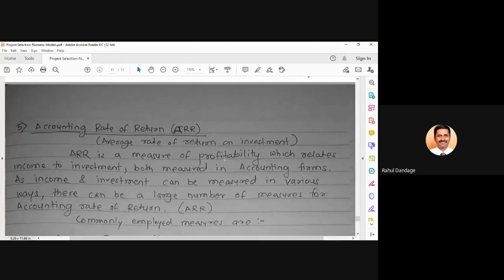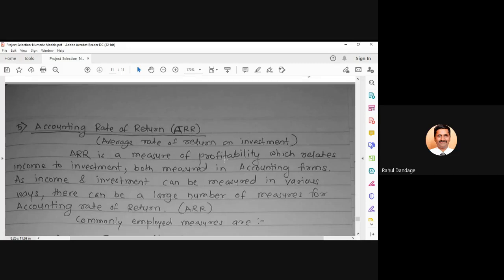Then the last method of investment decisions is accounting rate of return, in short called ARR, or also called average rate of return.